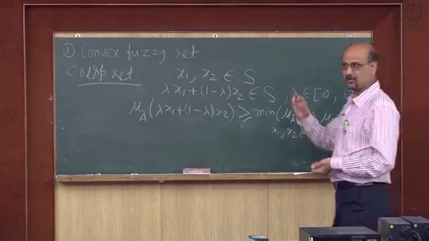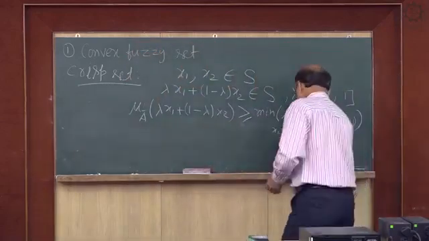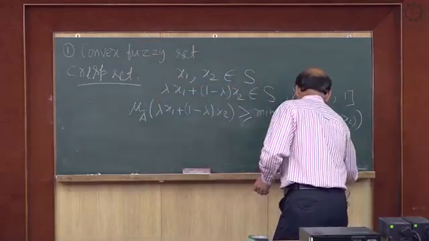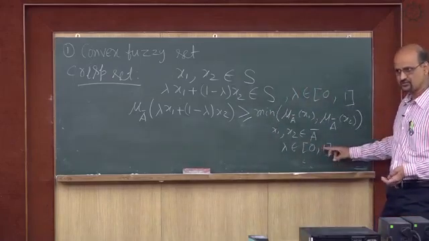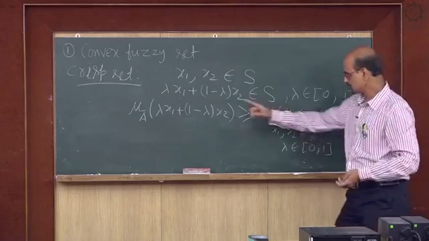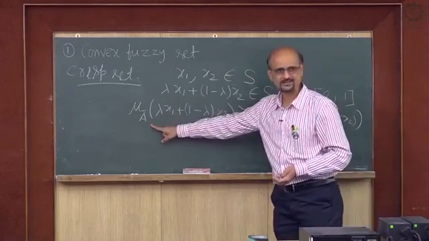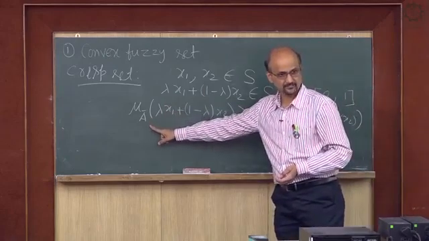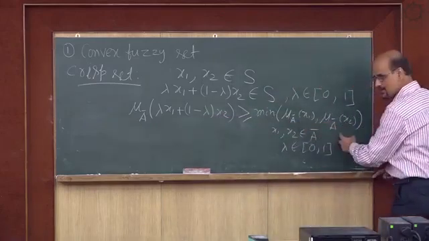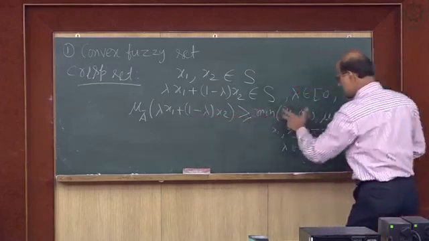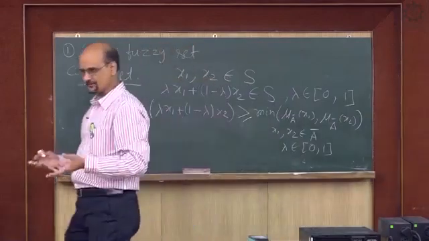That means, if you are given 2 points x1 and x2, take these combinations, and remember here again lambda belongs to 0 1. You take any lambda in the closed set 0 1, take this convex combination lambda x1 plus 1 minus lambda x2, find its membership function on the set A bar, and then separately the membership functions of x1 and x2 in A bar. If this is greater than or equal to the minimum of these, then we say that this fuzzy set A bar is convex.